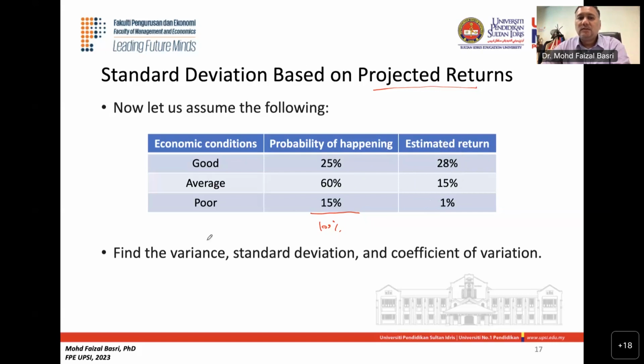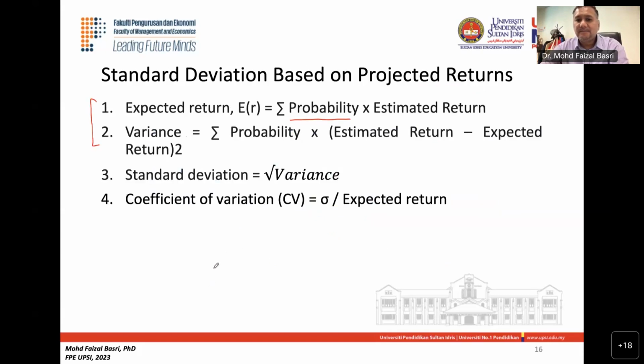So the question asks us to find the variance, standard deviation, and coefficient of variation. We know that in order to find standard deviation, we need to have our variance. And to find variance, we need to have what we call the expected returns. We need to have the average return, that's the estimated or the expected.